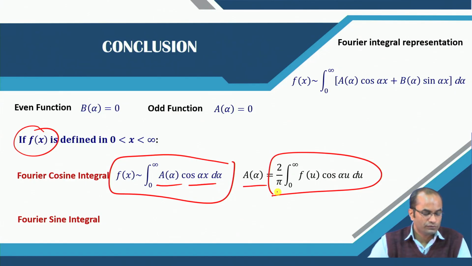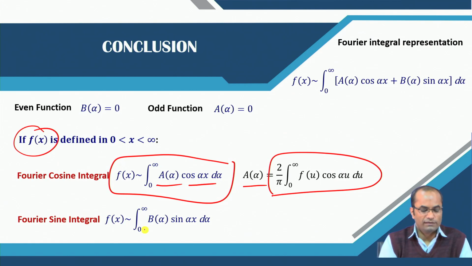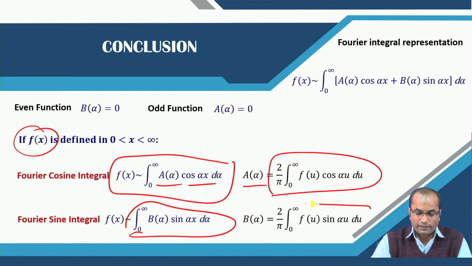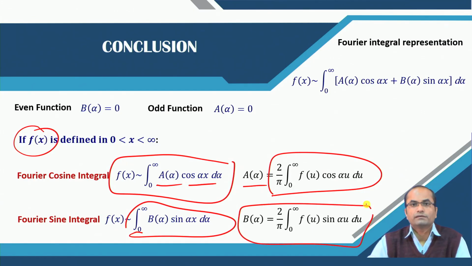And if you want the Fourier sine integral representation, we can do it with b(alpha) sin(alpha x), and b(alpha) can be computed with the simple integral 2 over pi, 0 to infinity, f(u) sin(alpha u) du.